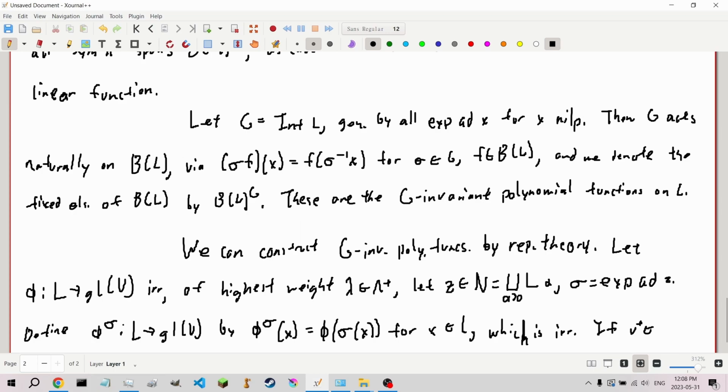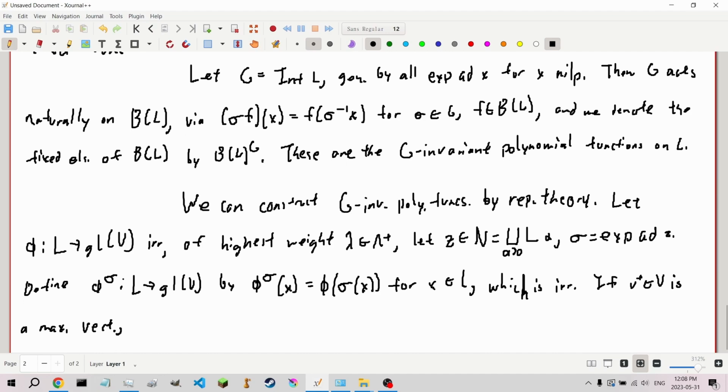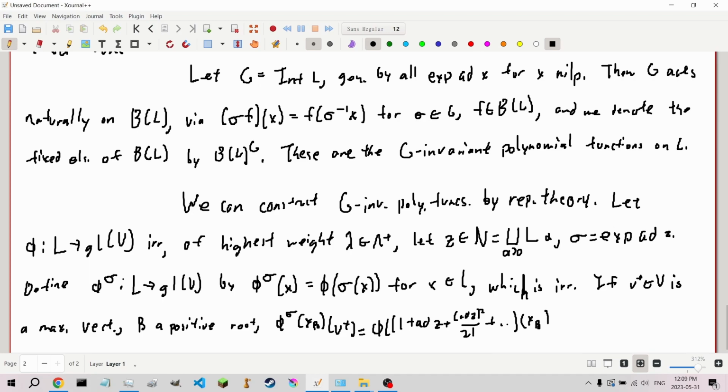If V plus in V is a maximal vector, and beta a positive root, then phi sigma of x beta of v plus is phi of 1 plus the adjoint of z plus the adjoint of z squared over 2 factorial, and so on, x beta.